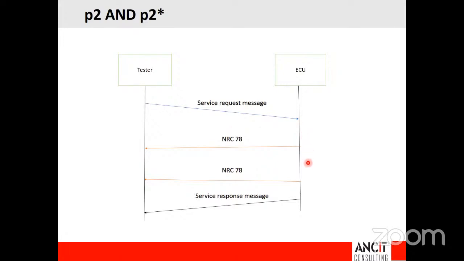Even within that time, if there is no response, it will continuously send NRC 78. Until the P2 star time gets to its end, NRC 78 will be continuously sent. If it gets a response message, it will forward it. Even if the P2 star time is crossed, it will automatically get back to the default session. So this is what concerns the P2 and P2 star time.